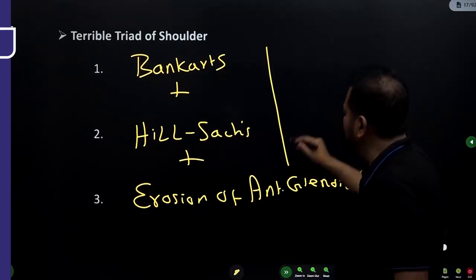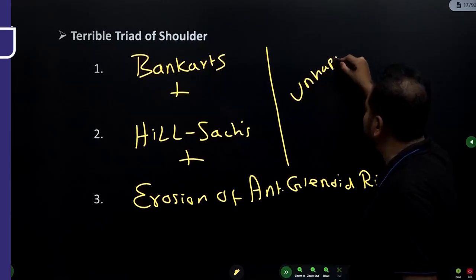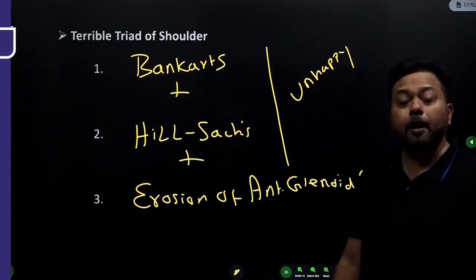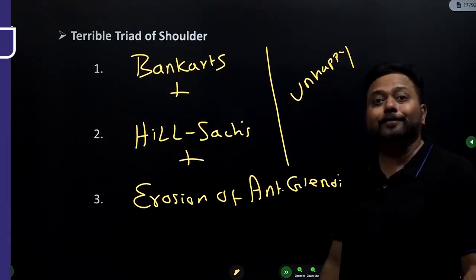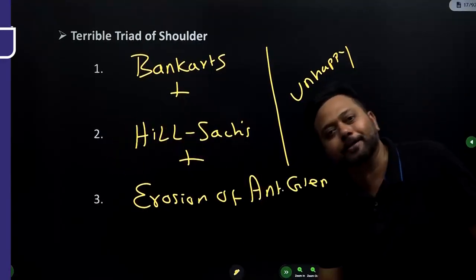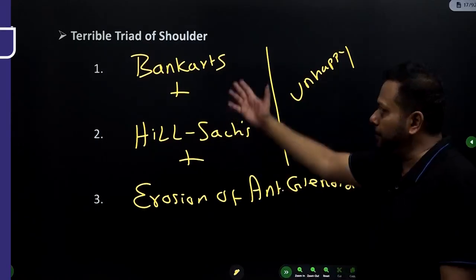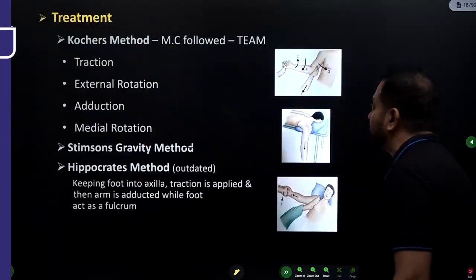This combination is called terrible triad, otherwise called unhappy triad of shoulder. Whenever you get this combination, it is guaranteed that the patient will go for recurrent shoulder dislocation, the very big complication of shoulder dislocation. That is the significance of the terrible triad of shoulder.